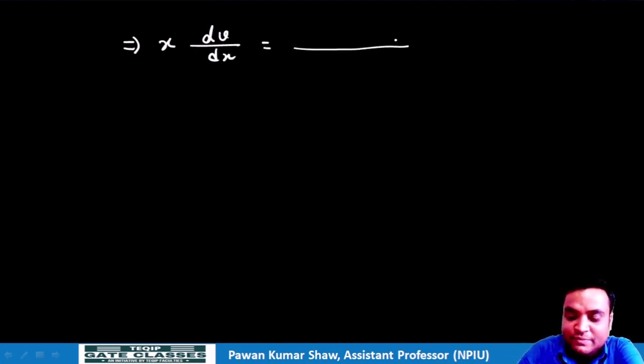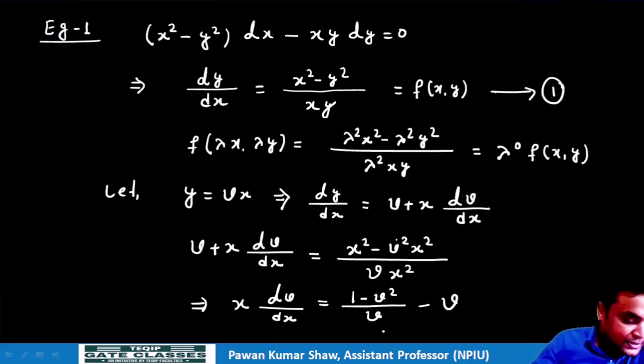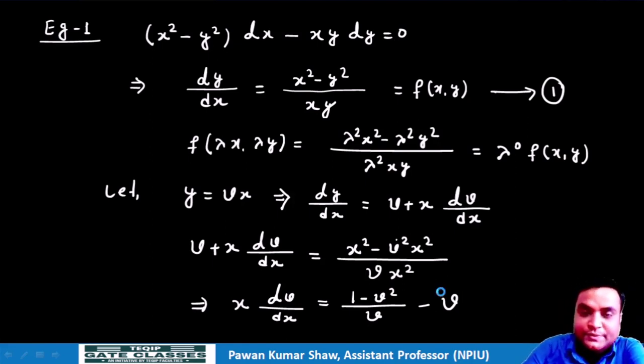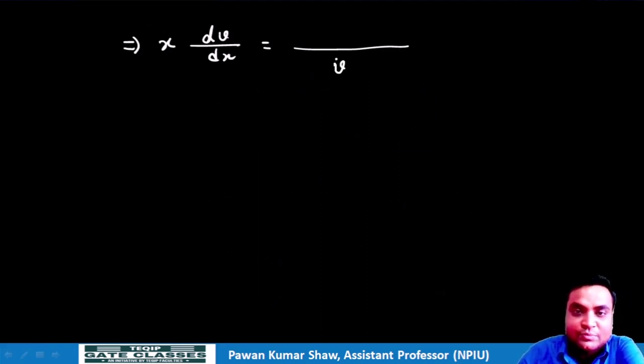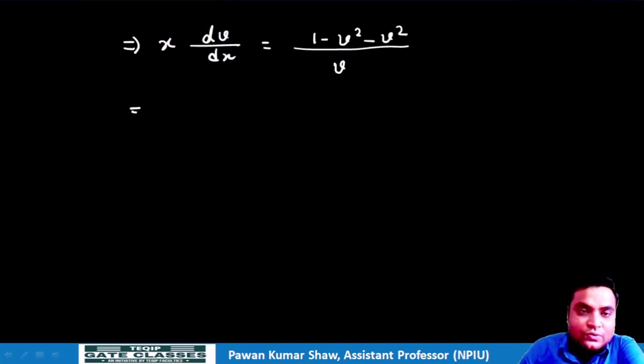So the left hand side is x dv by dx, and on the right hand side we want to write a single v function. So (1 minus v square) by v and minus v. So we can take the LCM, that will be v, and 1 minus v square and minus v square. So this will be 1 minus 2v square, and this is v. So the right hand side is a whole function of v.